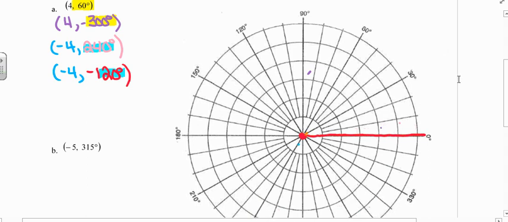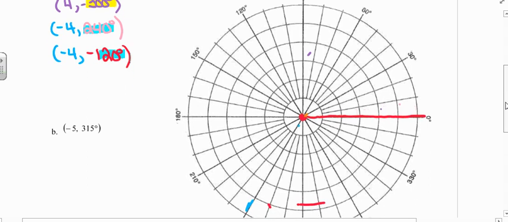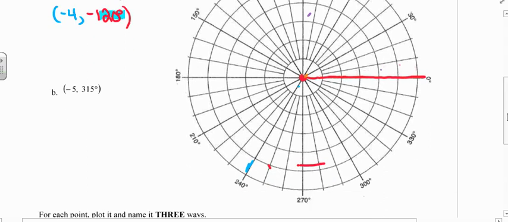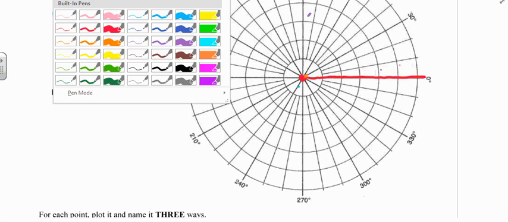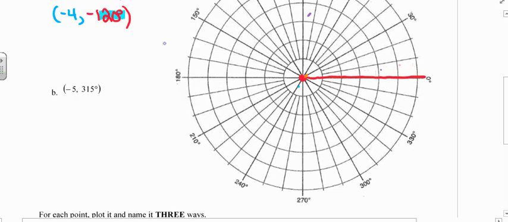So in letter B now, they're telling us that they want us to plot and find three other ways to name the point whose radius is -5 and whose angle measure is 315 degrees. So first thing I'm going to do, like always, is find the 315 degrees. 315 degrees is going to be right smack dab in between 300 and 330.